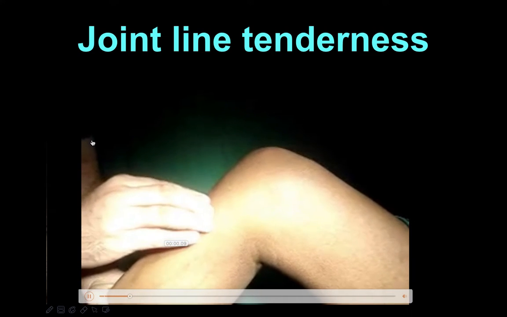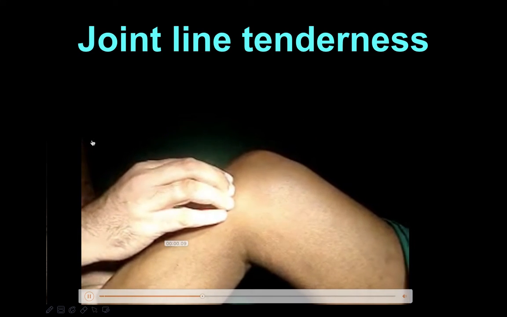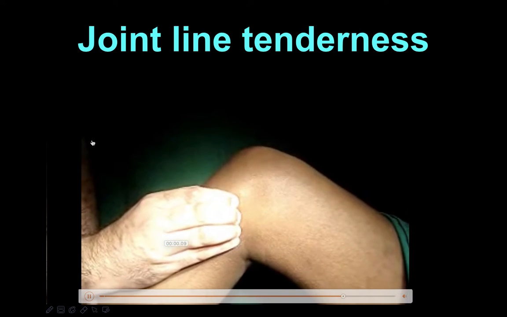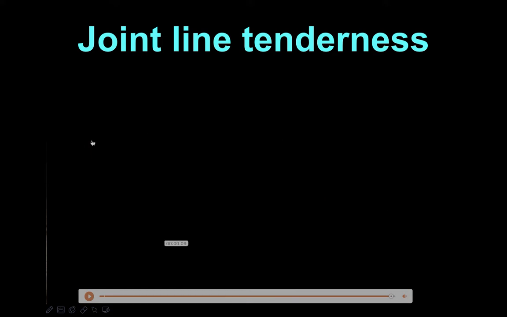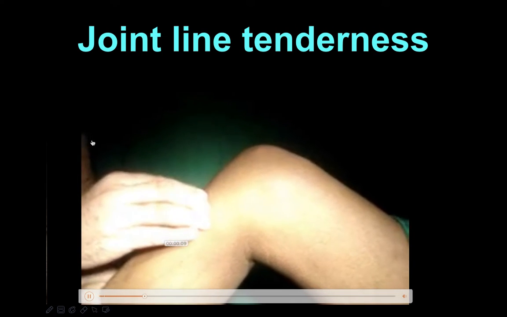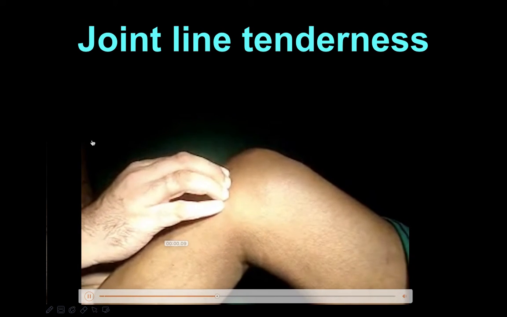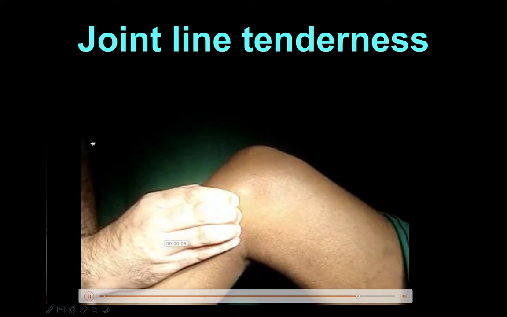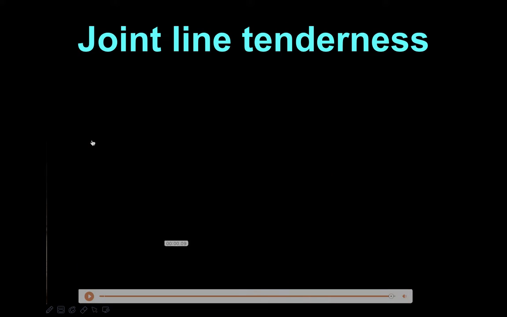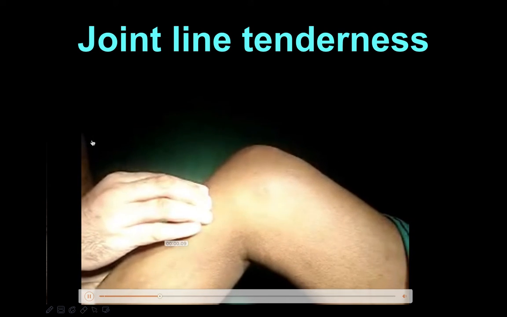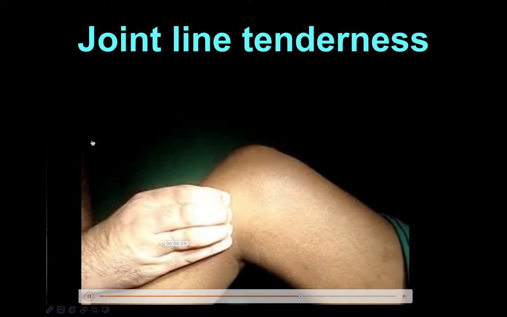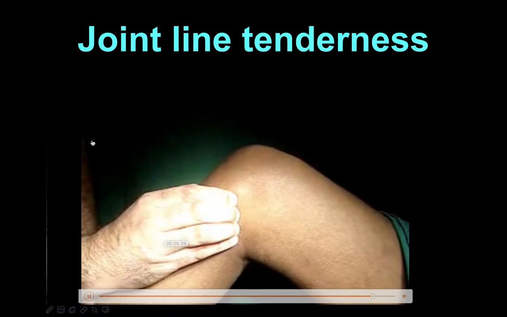Starting from the uninvolved side to the involved side, we keep the knee in 90-degree flexion and palpate from the midline outward on both the medial and lateral joint lines, center to lateral and center to medial on both sides, and look for joint line tenderness. The joint line is tender in most meniscal pathology, and also in osteoarthritis of the knee joint.